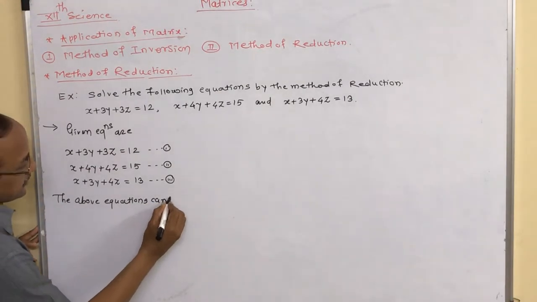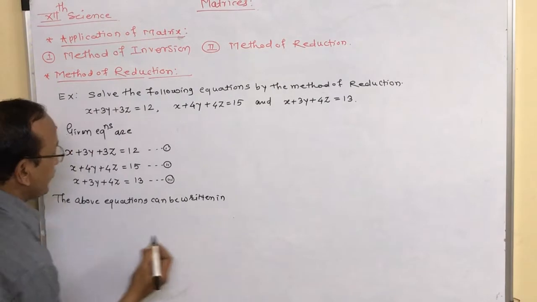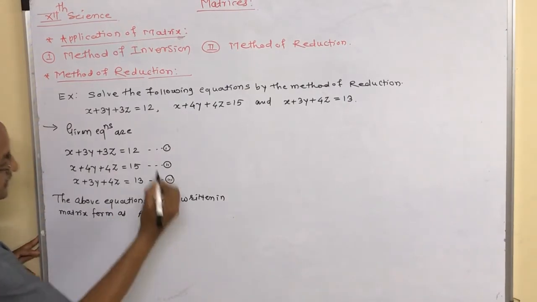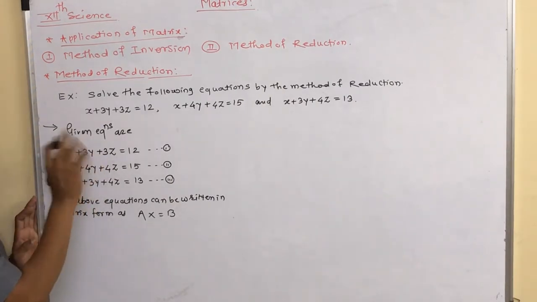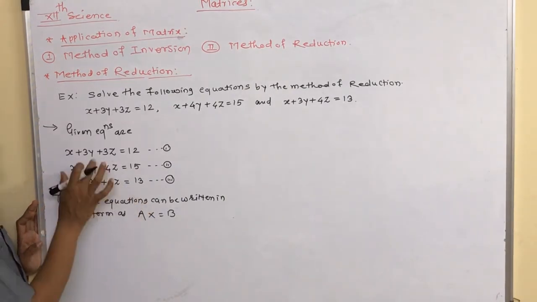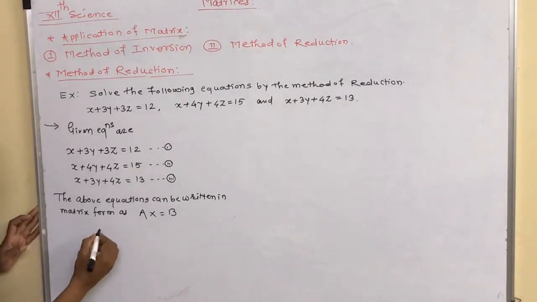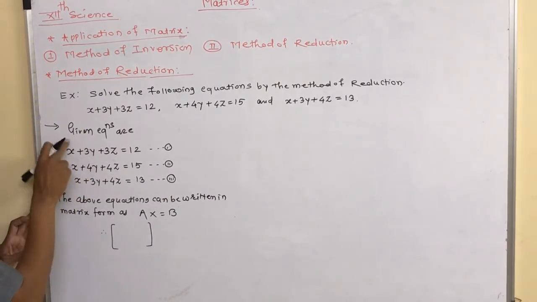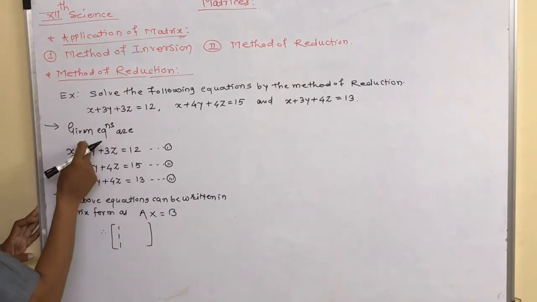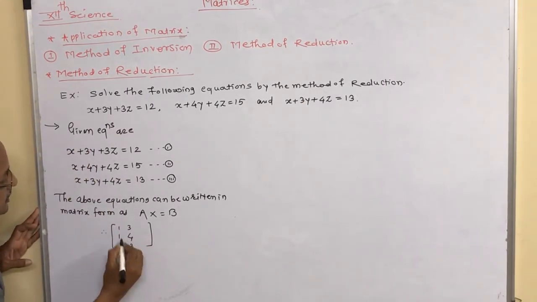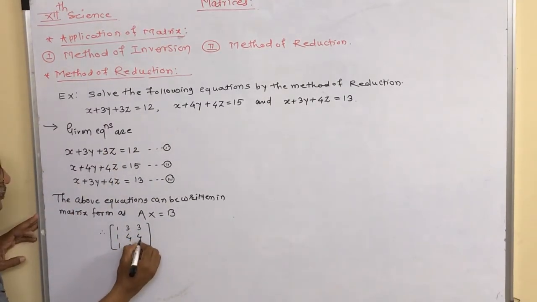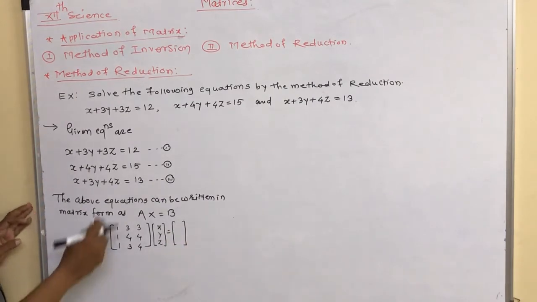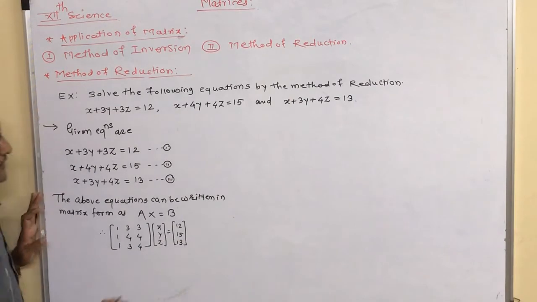The above equations can be written in matrix form as AX equals B. Here A is the matrix of coefficients of the variables x, y and z, X is the matrix of variables, and B is the matrix of constants. So A is the matrix of coefficients: 1 1 1 for the coefficients of x, 3 4 3 for y, and 3 4 4 for z, into the column matrix X of x, y, z, equals the constant matrix 12, 15, 13.